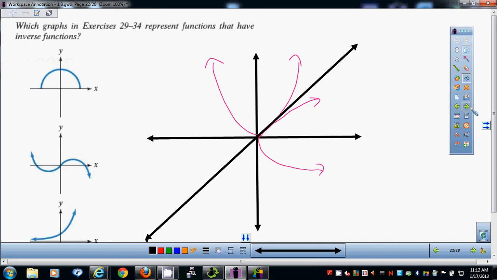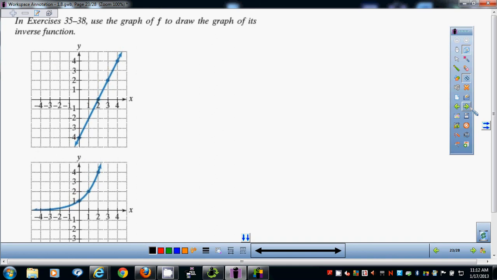Now, again, I'm pretty sure, what is this point? This is point 3, 2. This is point 2, 3. I'm pretty sure a quick way to do that, if you want to just do it with coordinates, if you just flip your coordinates, then you're going to get the coordinates of your inverse. 3, 2 on your inverse is going to be the point 2, 3. 2, 0 on your inverse is going to be 0, 2. 0, negative 4 is going to be negative 4, 0.